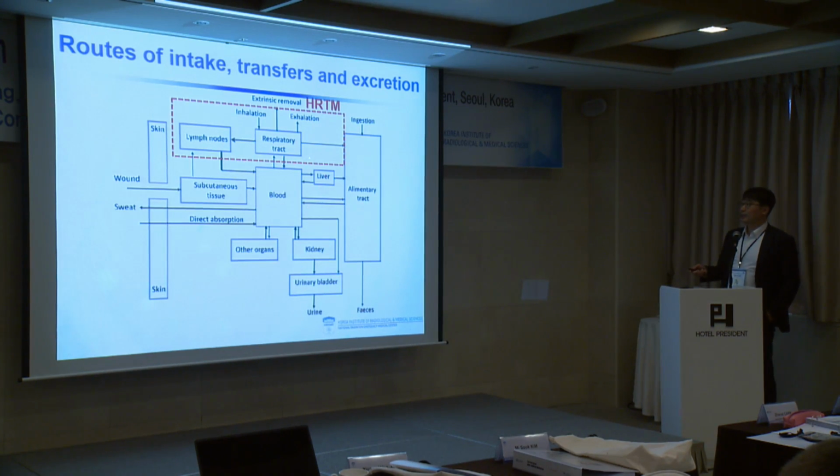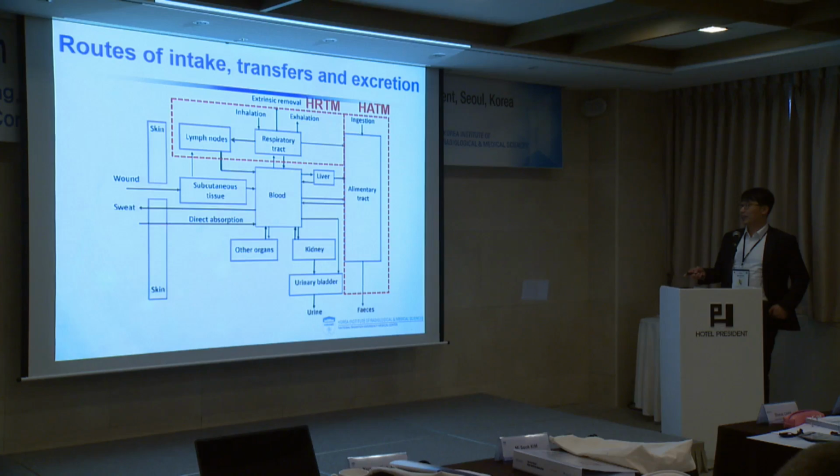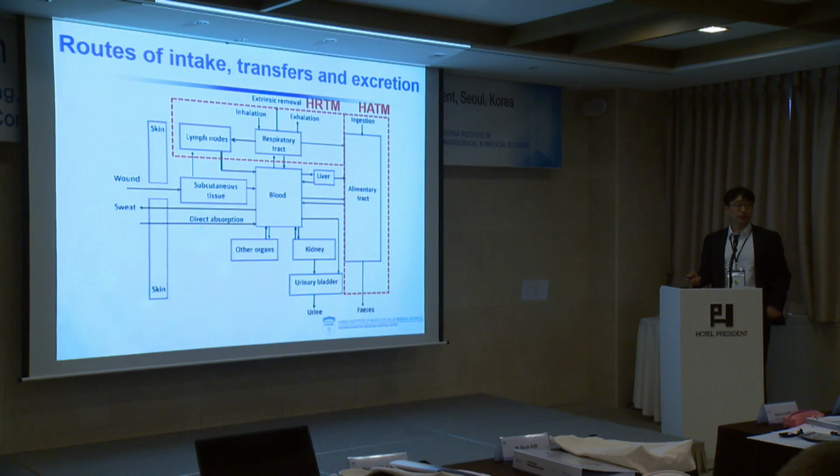And this part is the human respiratory tract model to describe the inhalation process of the radionuclides. And this part is the human alimentary tract model to describe the digestion of the radionuclides after ingestion of the radionuclides.